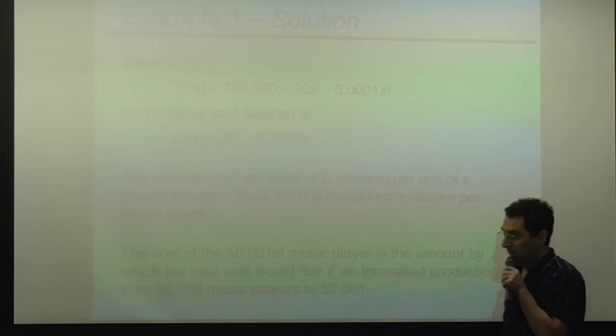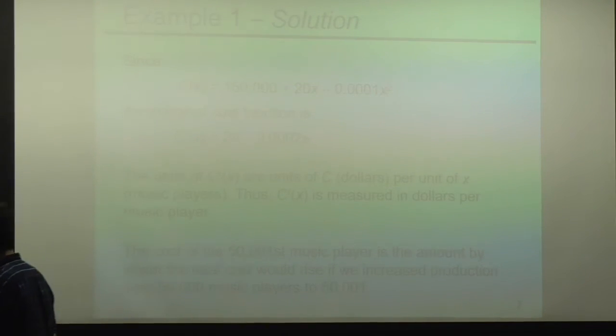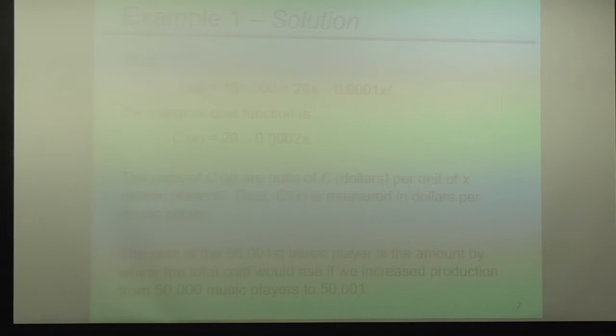So chalk here. What does that mean, the cost of the 11th item? No. Okay, so he said you put in 11 into here, and that'll give you the cost of the 11th item.